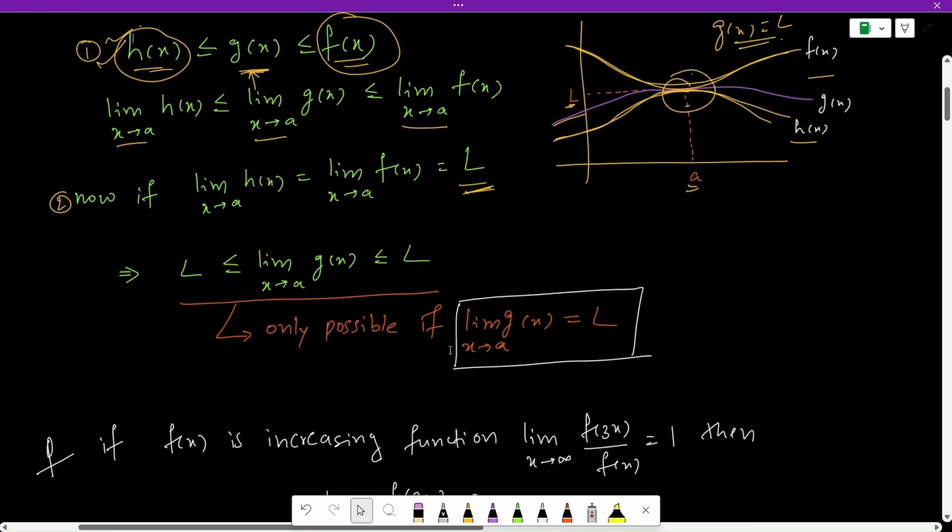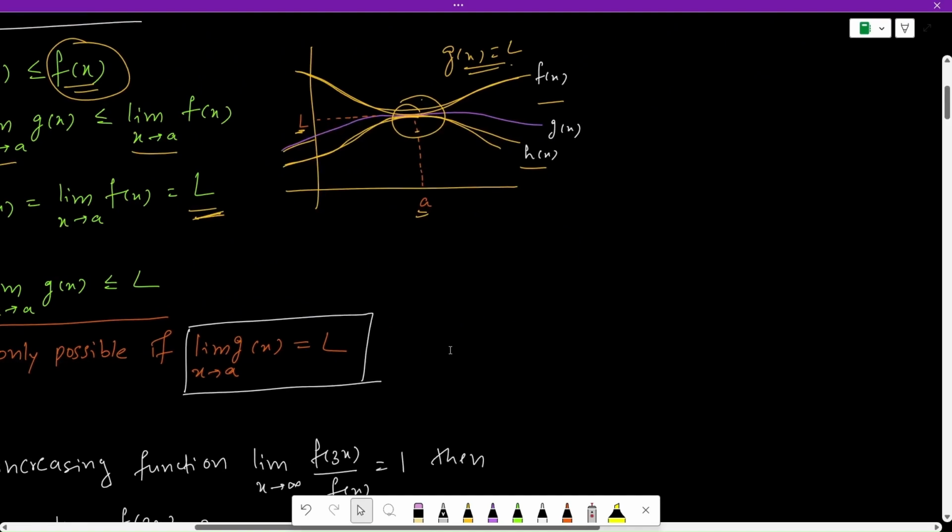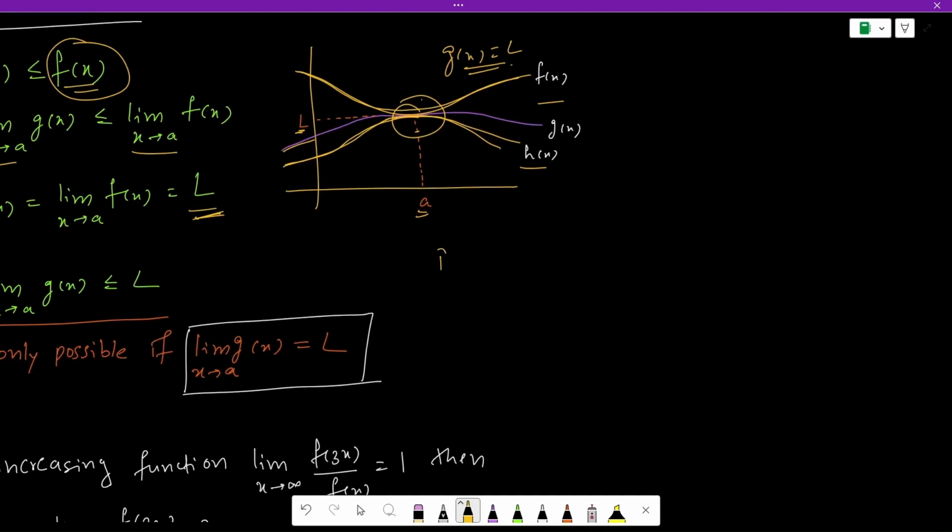So let me summarize what this theorem says. First we need to find two functions h(x) and f(x) such that h(x) is lower and f(x) is greater than g(x).